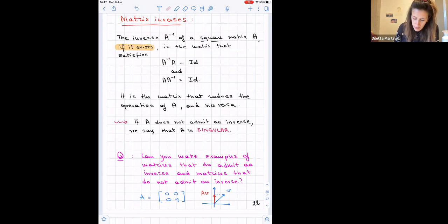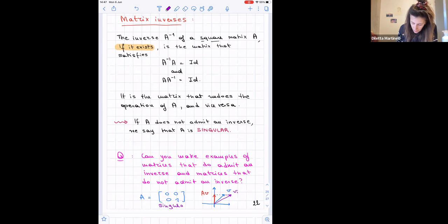But you see that there are a lot of vectors that are projected onto the same point, right? So how can you construct an inverse? It is not one-to-one, because you have a lot of vectors that are projected onto the y-axis. So it would be impossible to then send Av univocally onto another vector. So that's an example of a singular matrix.